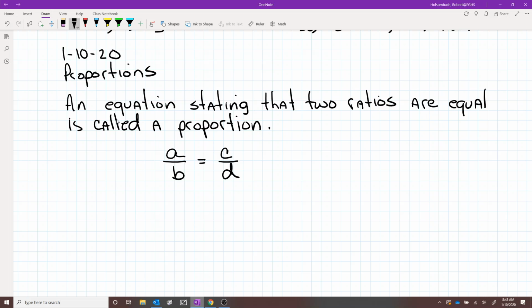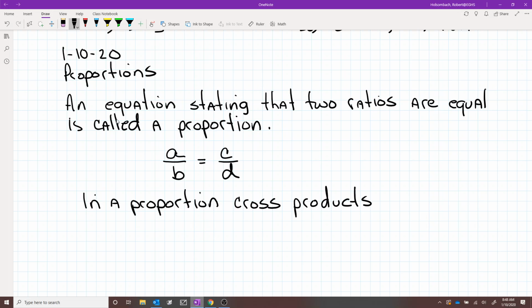In a proportion, cross products are equal. Cross products are equal.